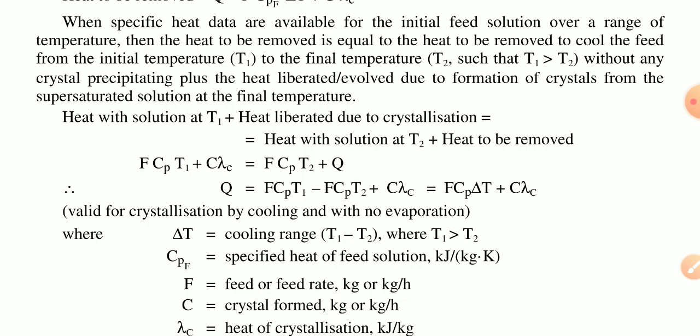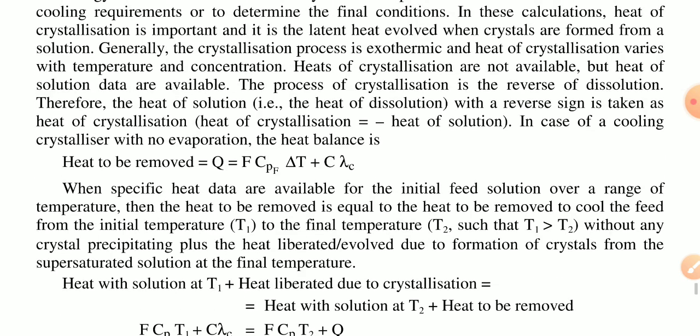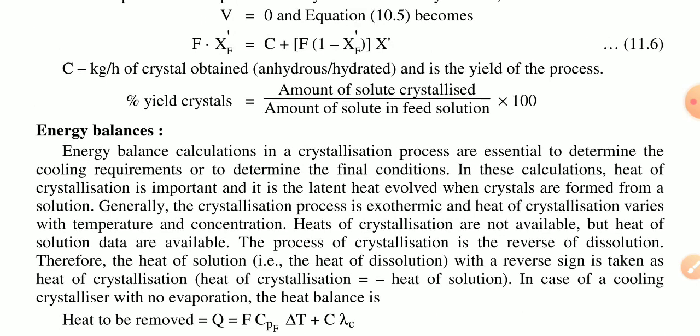The heat with the solution at T1 and the heat liberated due to crystallization is equal to the heat with the solution at T2 and the heat to be removed. Simply, F·CP·T1 plus C·lambda C is equal to F·CP·T2 plus Q. So Q is equal to F·CP·T1 minus F·CP·T2 plus C·lambda C, which is F·CP·delta T plus C·lambda C.